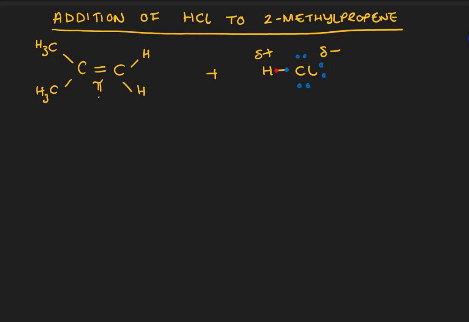So the pi electrons here are going to interact with that slightly more positively charged hydrogen. And by moving our curly arrow here, we show a bond is forming there. Hydrogen can only have 1 bond, so it's going to break its bond with chlorine. And chlorine, being more electronegative, is going to steal that red electron. Okay, so we'll see in a while that chlorine, in addition to its own 7 valence electrons, is going to have 1 additional one.